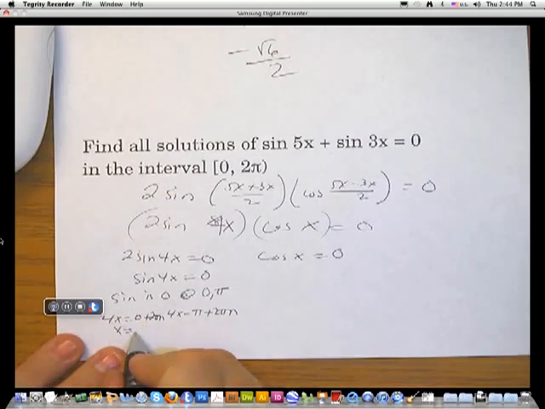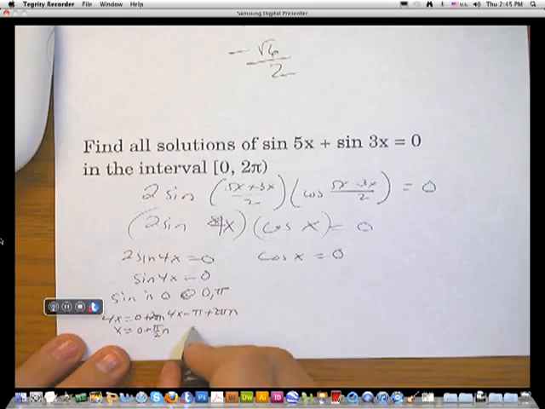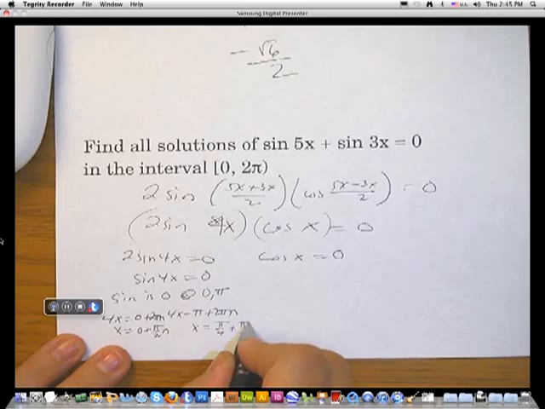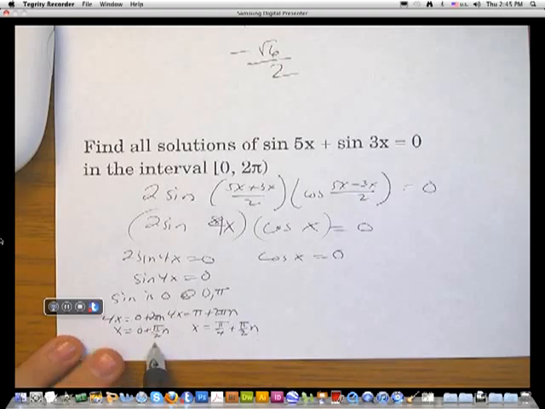So x is 0 plus pi over 2 n, and x is pi over 4 plus pi over 2 n. I need to come up with all of my solutions.